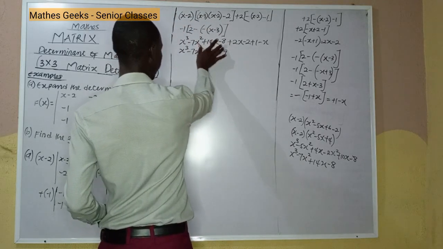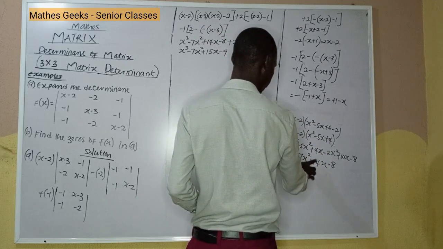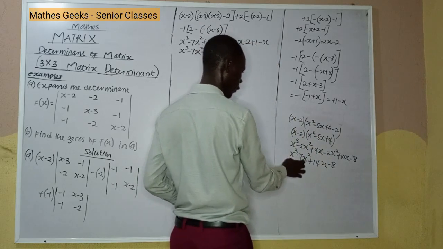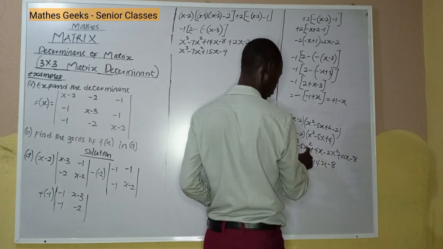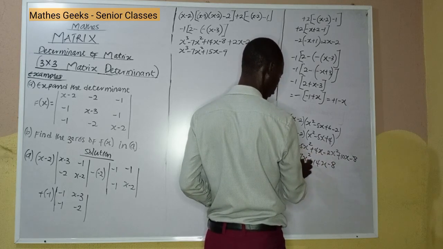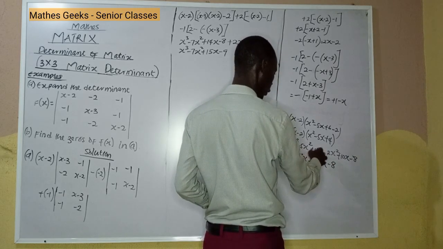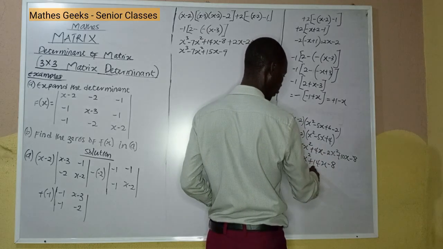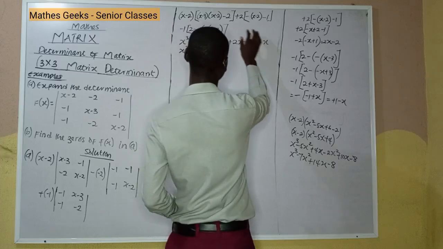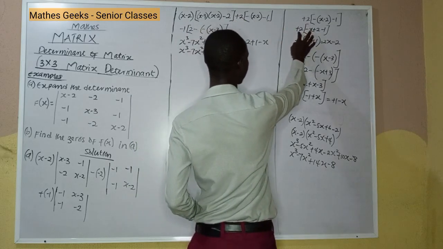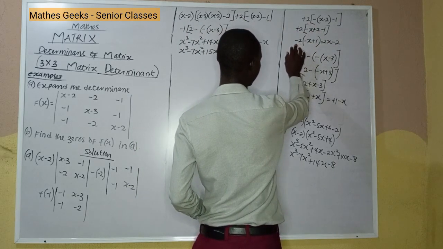This part is from here: x to the power 3 minus 7x squared plus 14x minus 8, plus 2, plus 2x, minus 2.